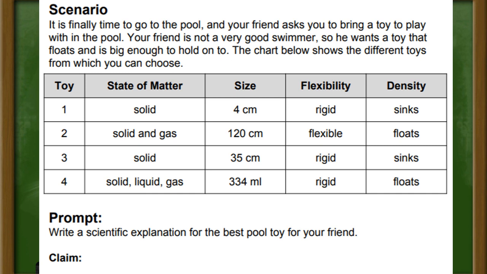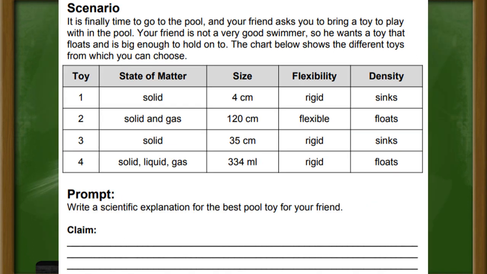Let's read the prompt for this activity and then come up with a claim. Write a scientific explanation for the best pool toy for your friend. Based on the information in this scenario that my friend is not a good swimmer and he wants a pool toy that floats and is big enough to hold on to, let's use the chart to figure out what item would be best for him and write our claim.